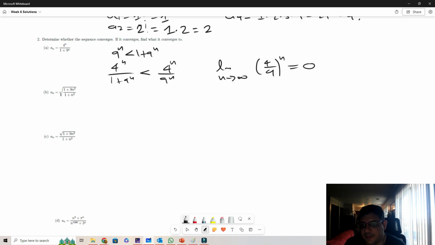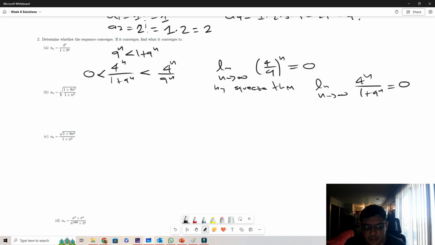And so hence, because this is also a positive sequence bigger than 0, by the squeeze theorem, I'm going to have that the limit when n goes to infinity of 4 to the n over 1 plus 9 to the n is equal to 0.